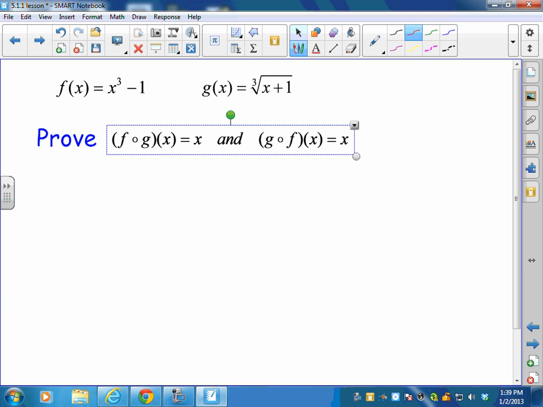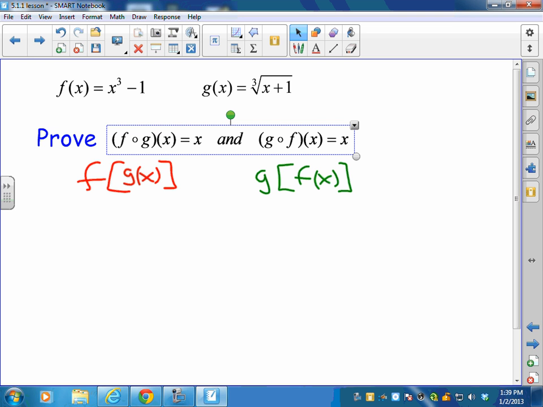Remember, when we do these composition functions, it looks like this: f of g of x, and we can do the same thing for g of f of x. You kind of write it like that, so it makes it a little more clear.